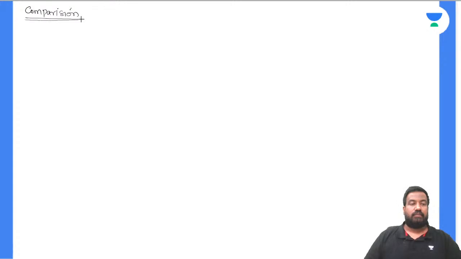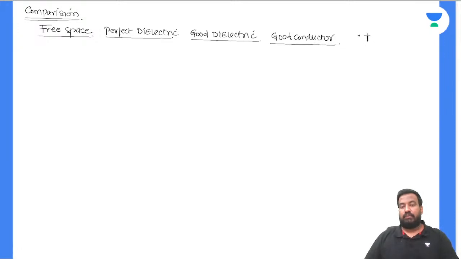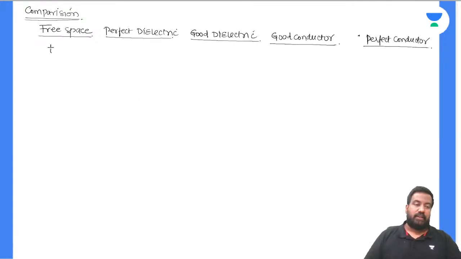Comparison, starting with free space, perfect dielectric, good dielectric, good conductor, and perfect conductor. Let us start our discussion with conductivity.